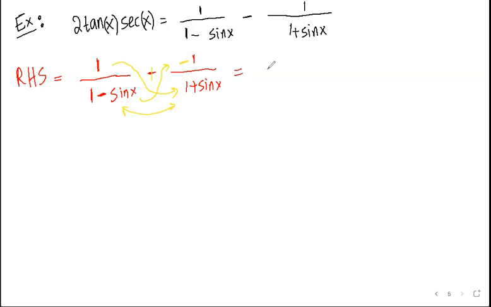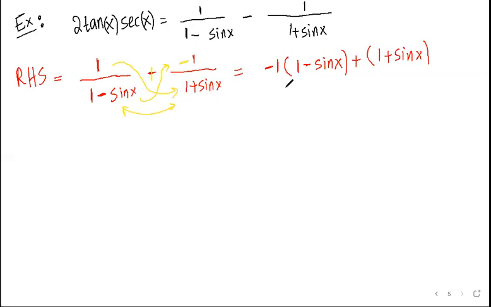So now I get 1 minus sine times this one is minus 1 times 1 minus sine x. Here 1 times this one is plus 1 plus sine of x. And the denominator is 1 minus sine times 1 plus sine.